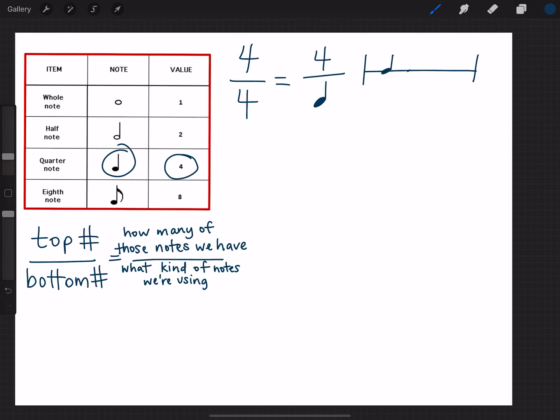So 1, 2, 3, 4. Now we have to figure out how many beats that is. What is the note value of a quarter note? Remember that this chart on the left is not the note value.